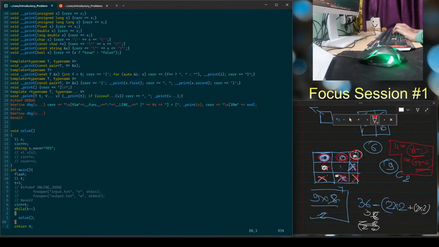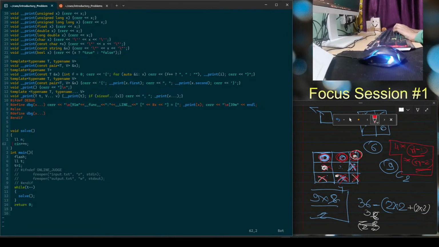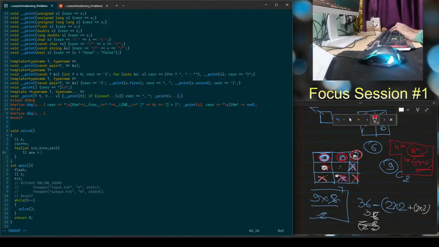So remove this, and I will loop i less than or equal to n, and i cross i, subtracting 4 times (i minus 1) multiplied by (i minus 2).